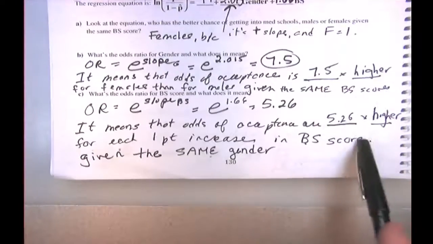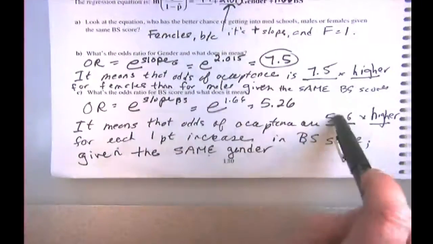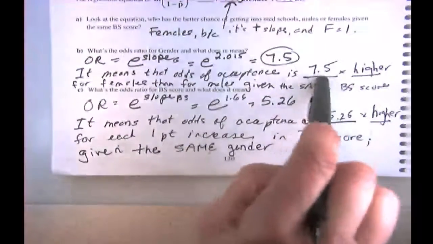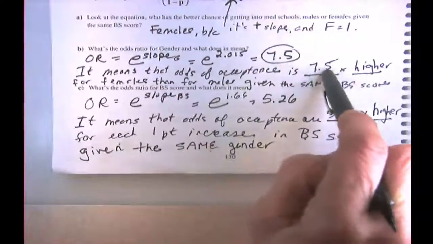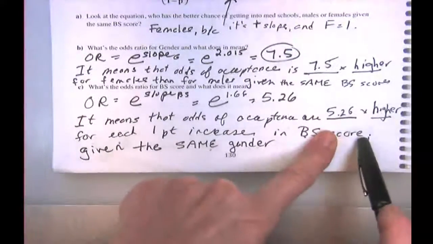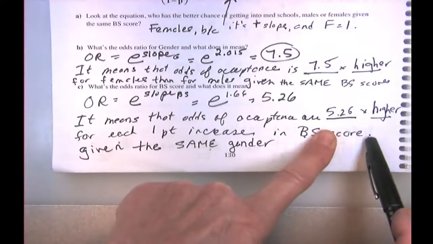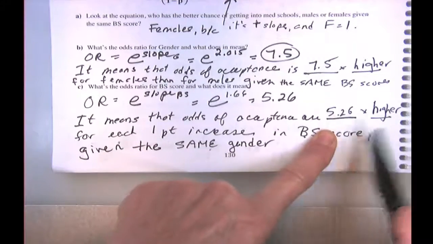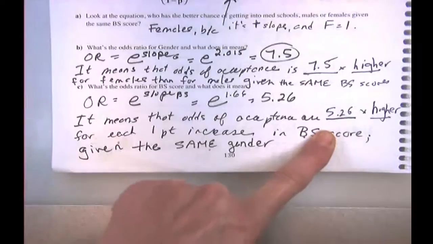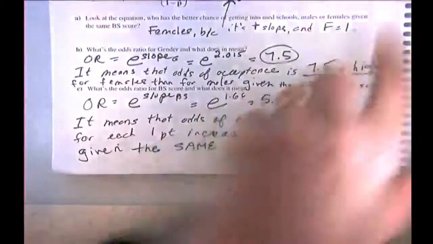If you're comparing a male and a female, the female has a 7.5 times advantage, which outweighs the 1 point here. But if it was 2 points, if a male got 2 points higher, he'd have a better chance of getting in. But for a 1 point difference, this is a stronger effect.